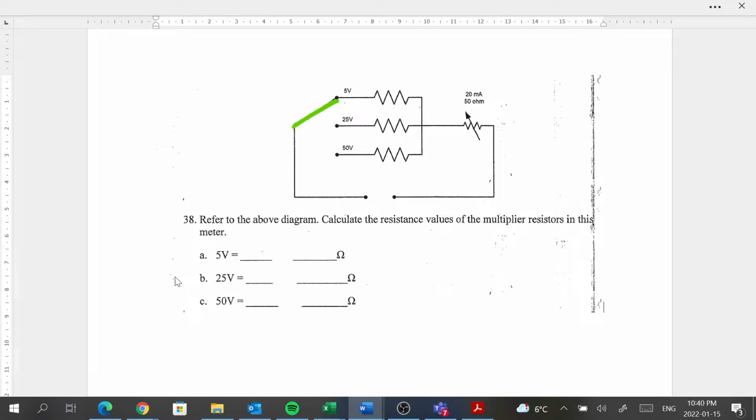So right now it's at 5 volts. And so these are the leads that you would be hooking up your multimeter to. So those would go off in different directions to the particular source or load that you're measuring the voltage drop on.